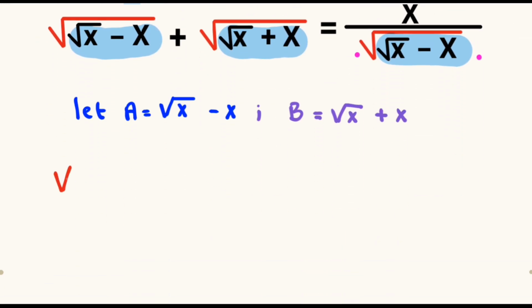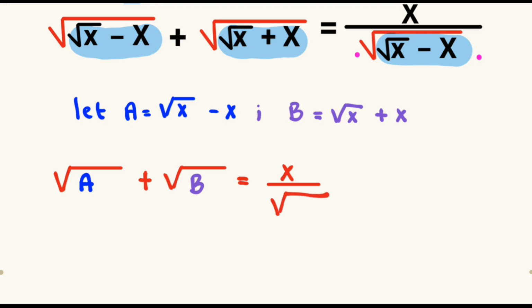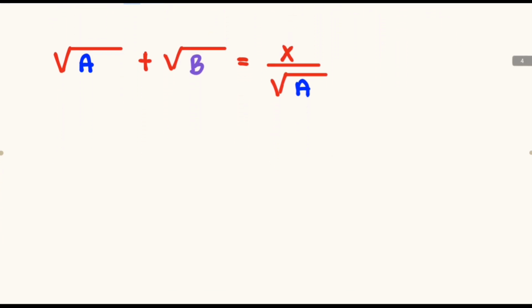So from here we have the square root of a plus the square root of b. This is equal to x divided by the square root of a. We multiply both sides of the equation by the conjugate of the left hand side.